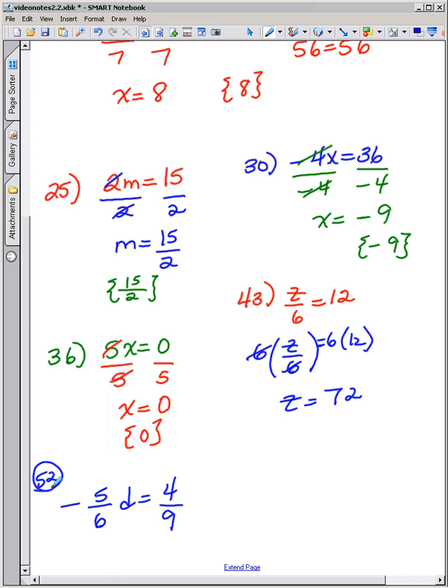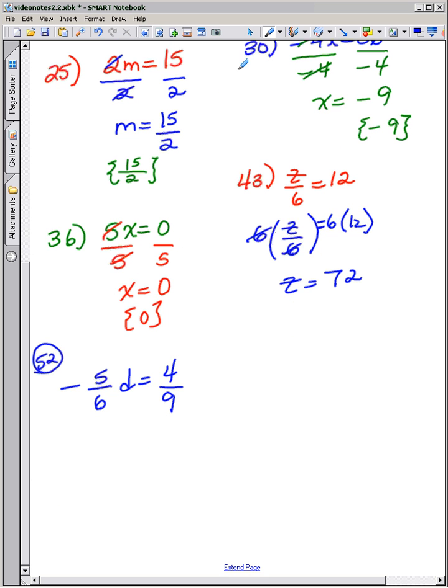Okay, negative 5/6 d. There's no sign writing those. So you have options here. You can either think of that as dividing both sides by negative 5/6. It's a little bit harder to think of.